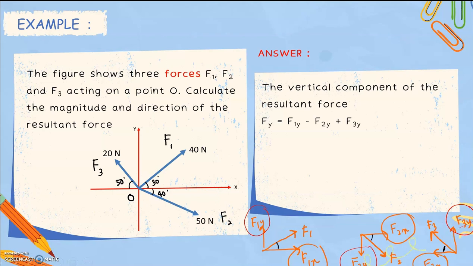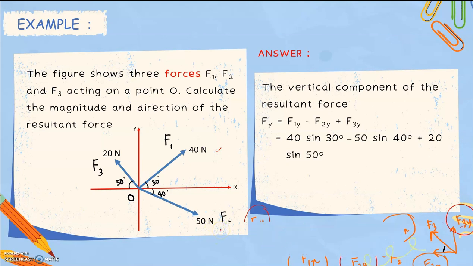Then F1y equals 40 sine 30, minus F2y, which equals 50 sine 40, plus F3y, which equals 20 sine 50.